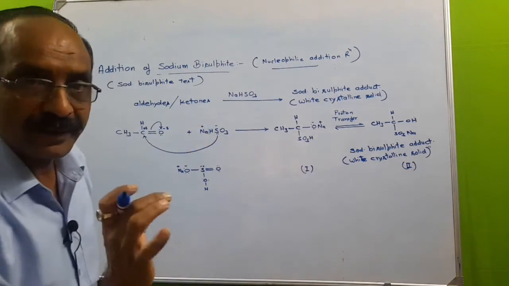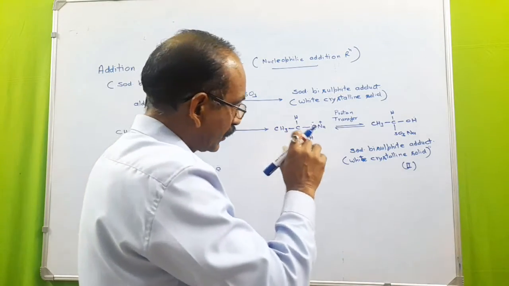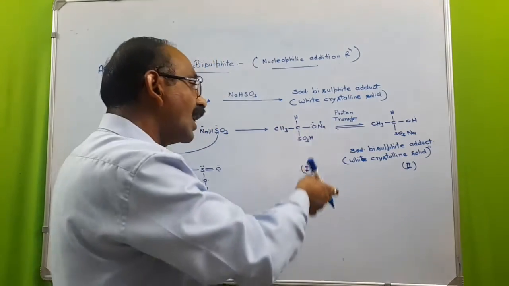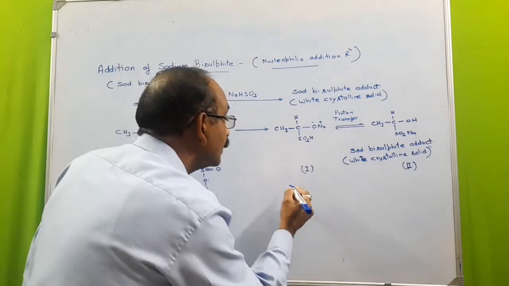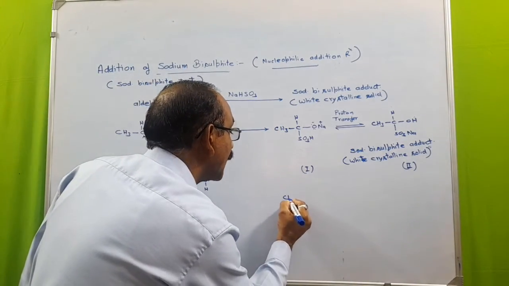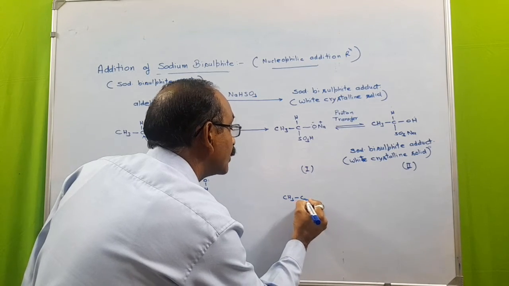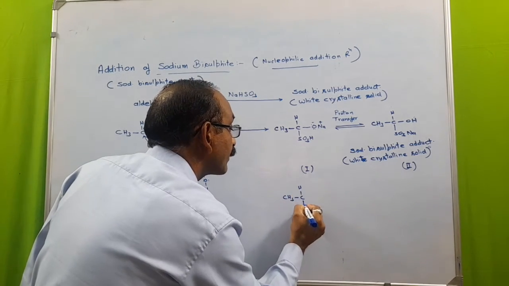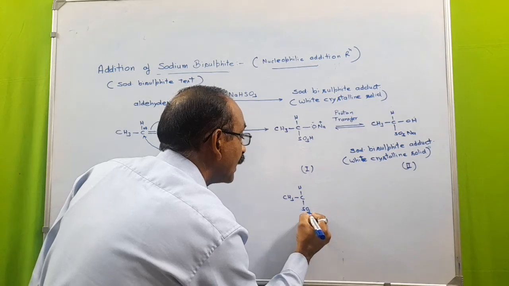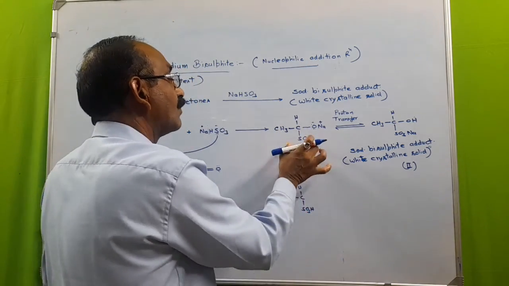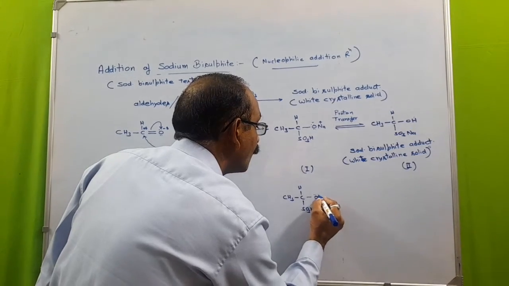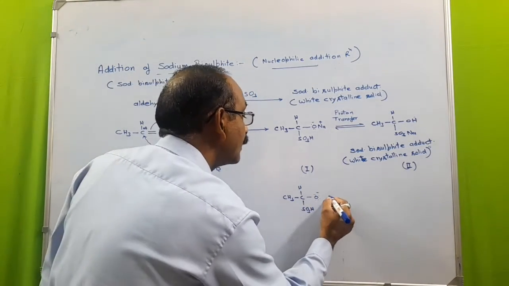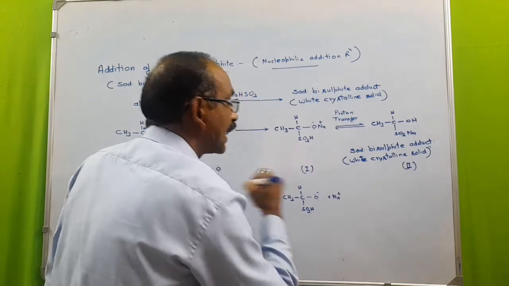Now we'll draw the structures of the anions obtained from the first and second structures. From the first structure, this compound will split up and form this anion and Na plus ion.